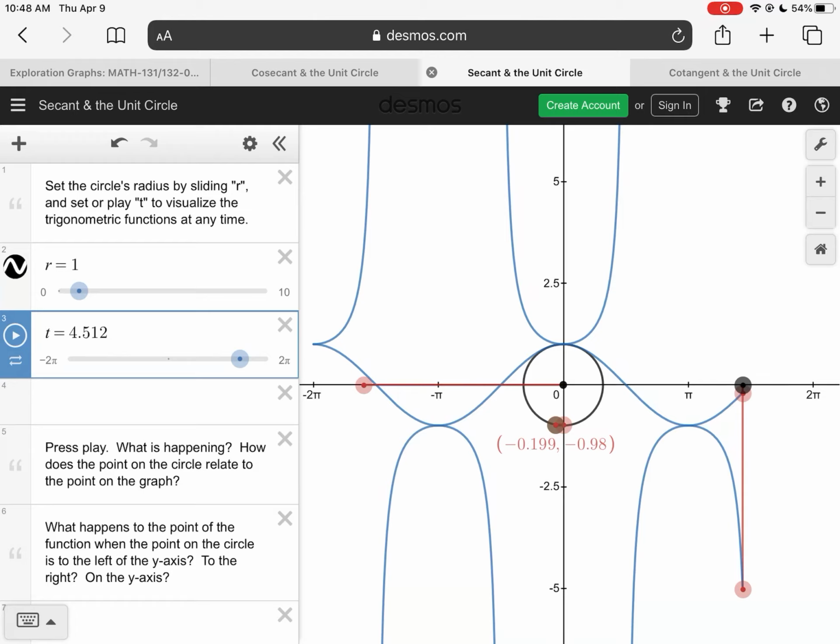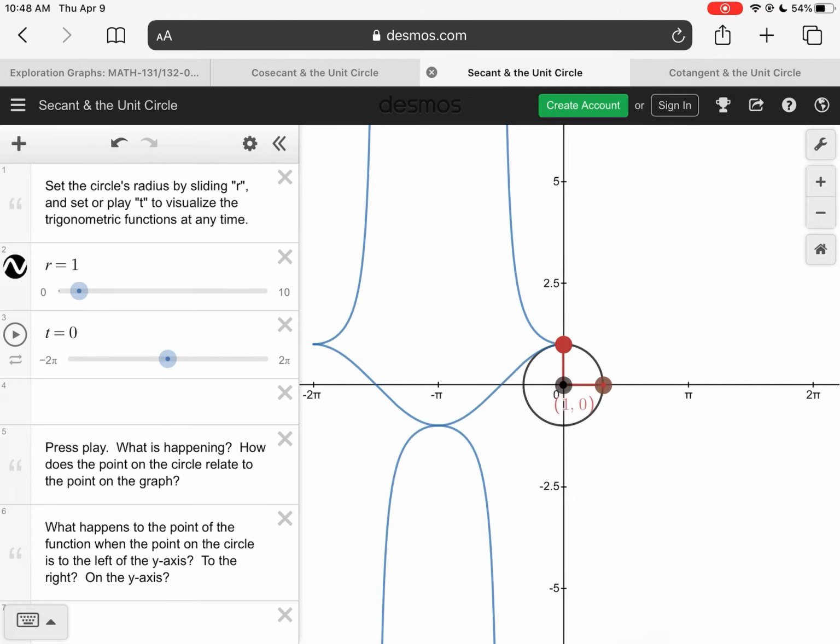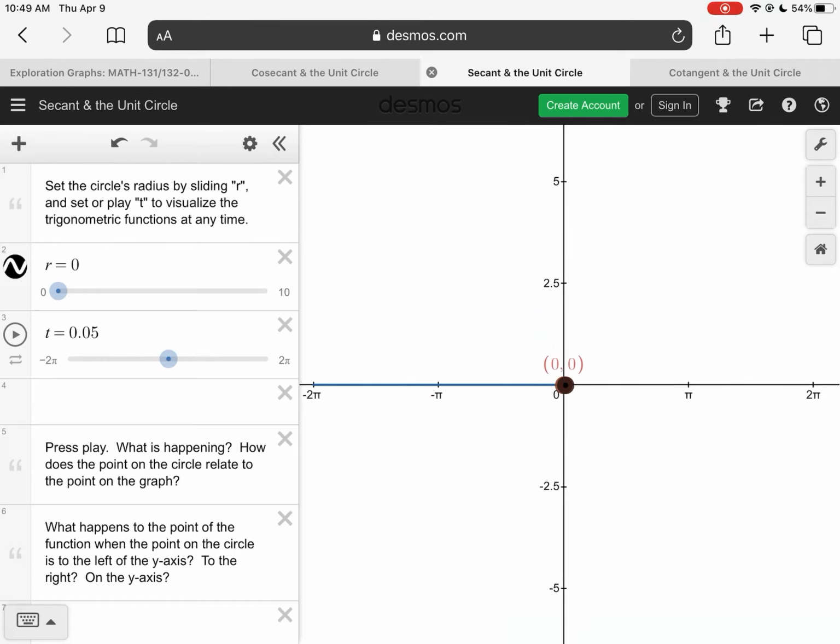Okay, pause that. I just want to point out, if you know what the sine curve looks like, you can get the cosecant curve pretty quickly. If you know what the cosine curve looks like, you can find secant pretty easily. So if you know cosine starts at (0, 1), well then you know the reciprocal of 1 is 1, and so the secant has a point at (1, 1) right here.